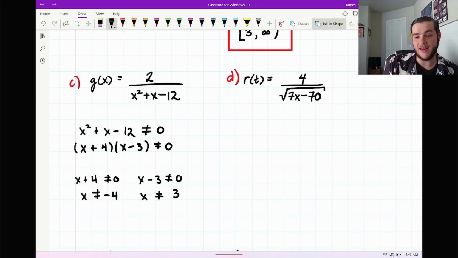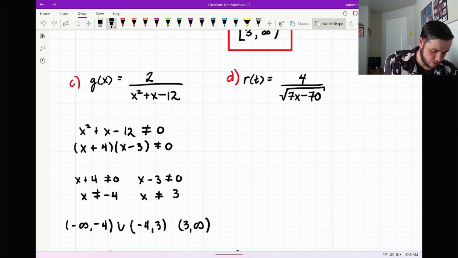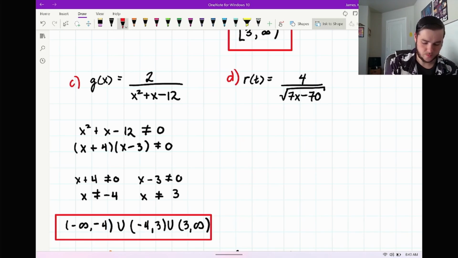If I were to write that in interval notation, all the numbers to the left of negative 4 are fine. All the numbers between negative 4 and 3 are fine. And all numbers to the right of 3 are fine. And now I just need to union them together. And that would be the domain.